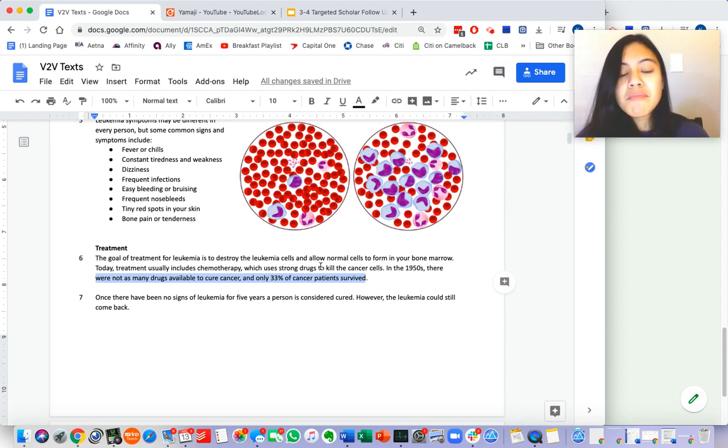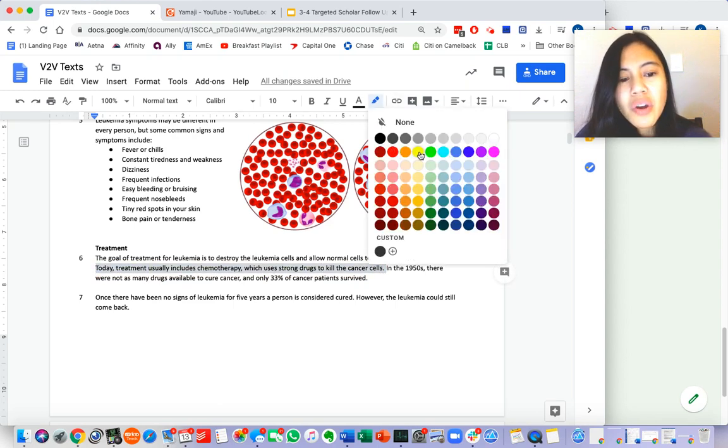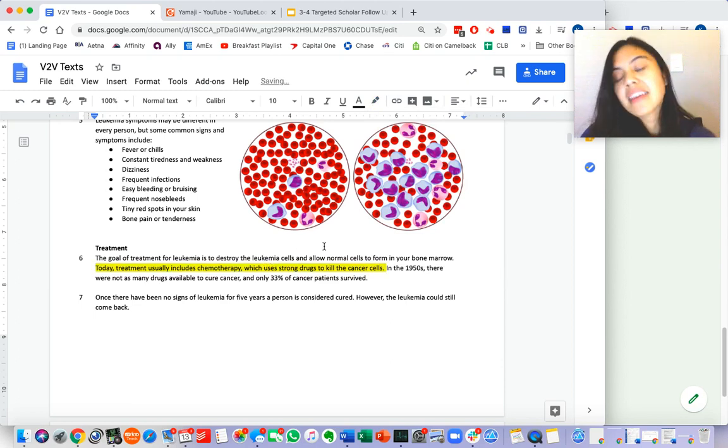Friends, as I'm reading this paragraph, I notice that this second sentence tells me what treatment is primarily used to cure leukemia. And that treatment is called chemotherapy. And it uses those medicines to kill the cancer cells.